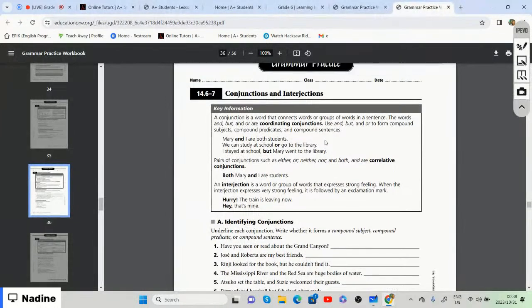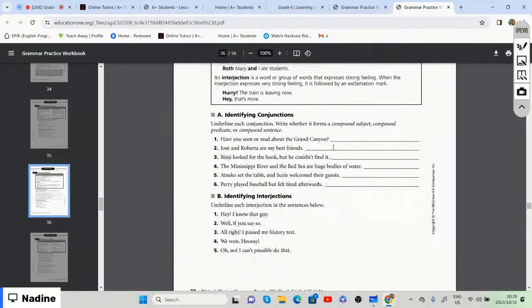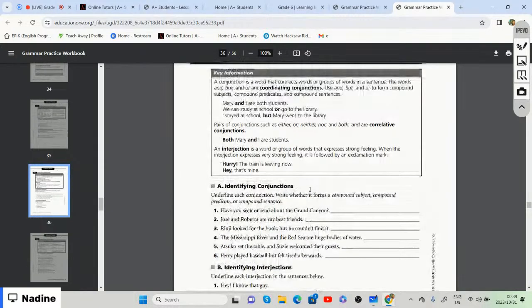So once we are on page 32, all right, a conjunction is a word that connects words or groups of words in a sentence. So we see the conjunction is a word that connects words or groups of words within a sentence.